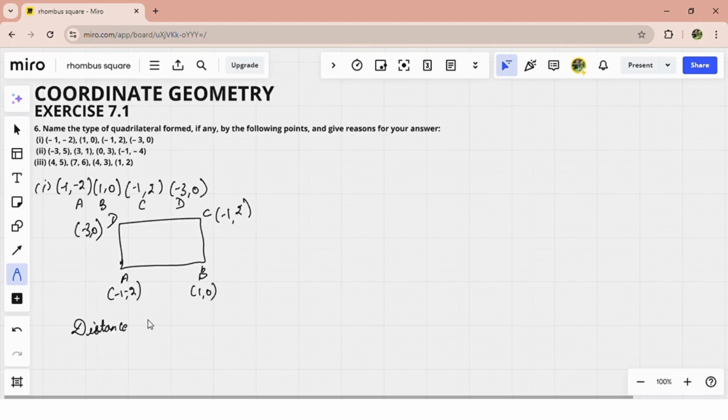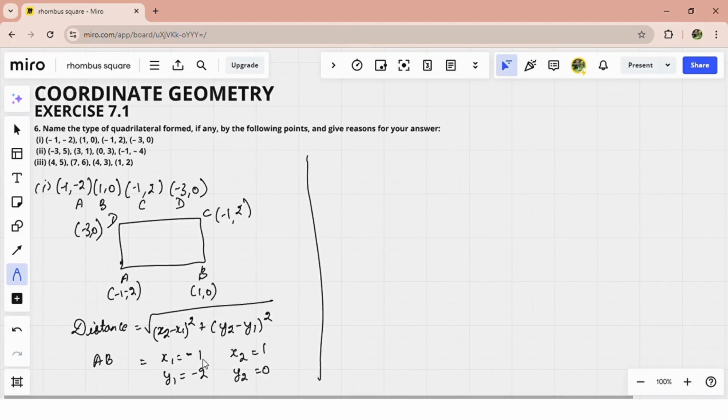The distance formula is equal to root of (x2 minus x1) square plus (y2 minus y1) square. First AB, right? For AB, x1 equals -1, x2 equals 1, y1 equals -2, y2 equals 0.